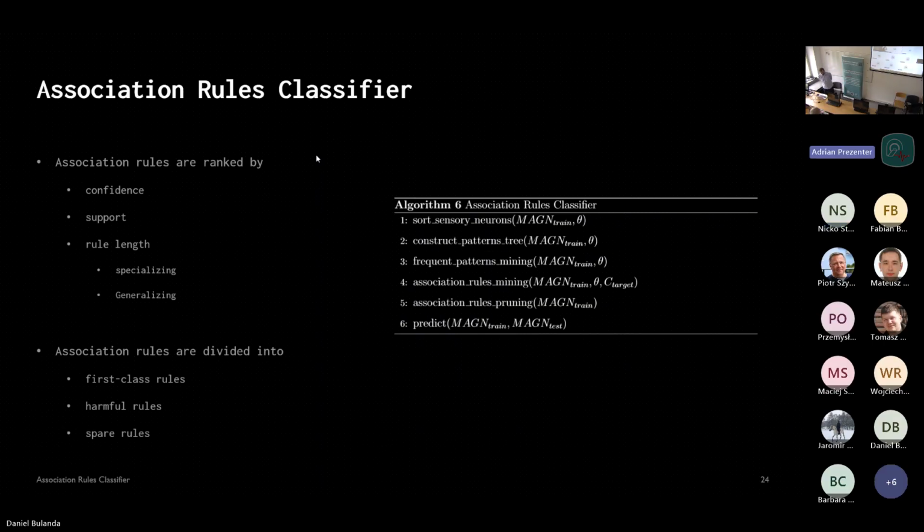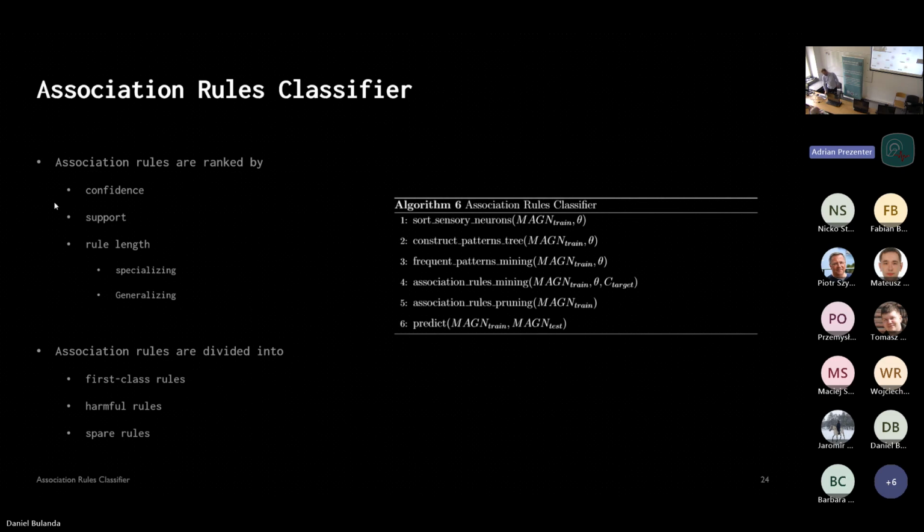Okay, that's a very good question. Sorry that I didn't explain it well because I wanted to be hurried and I skipped it. But this entire point works as follows. The algorithm first assesses the confidence of a given rule. So if the confidence is the best, then simply this first class rule is picked.